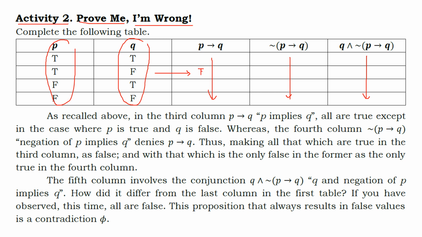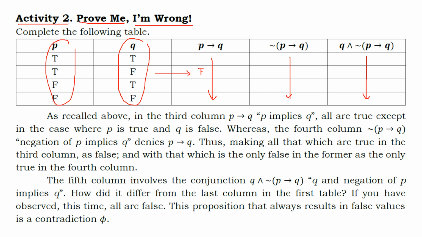Whereas the fourth column, negation of P conditional Q, denies P conditional Q, thus making all that are true in the third column false, and the only false in the former the only true in the fourth column.